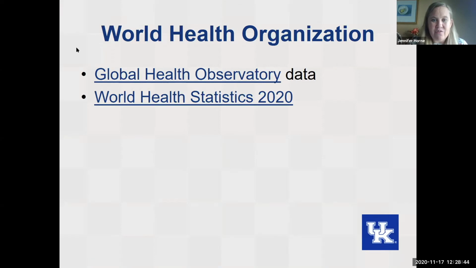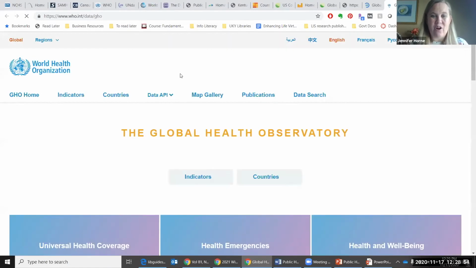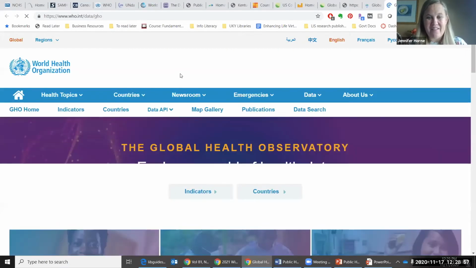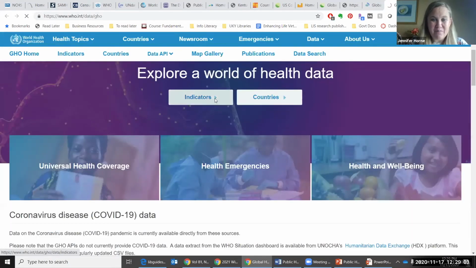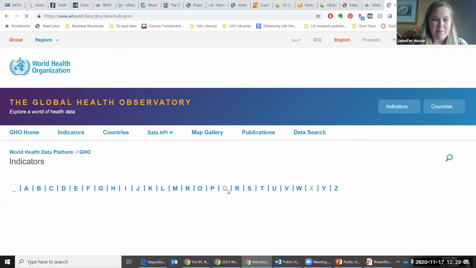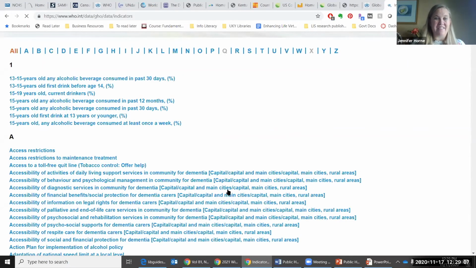Just wanted to show you that the World Health Organization has the Global Health Observatory. This is where they put all of their data where you can explore. You can look by country or you can look by indicator. And when you look through the indicators, you can see the type of things that are being collected.